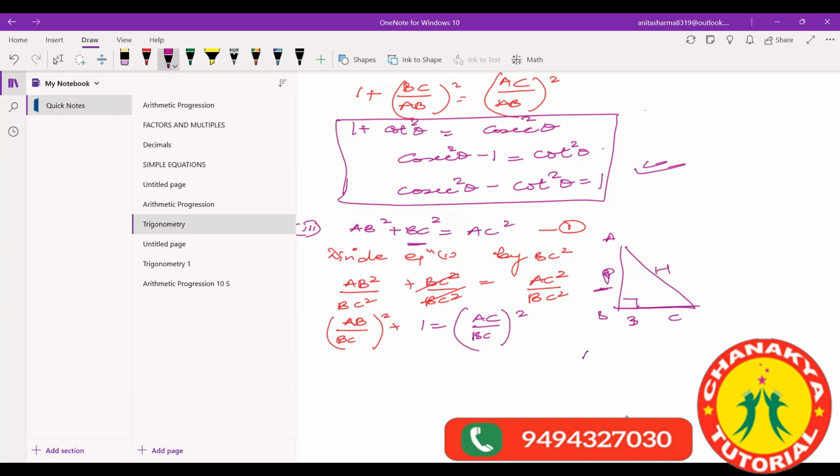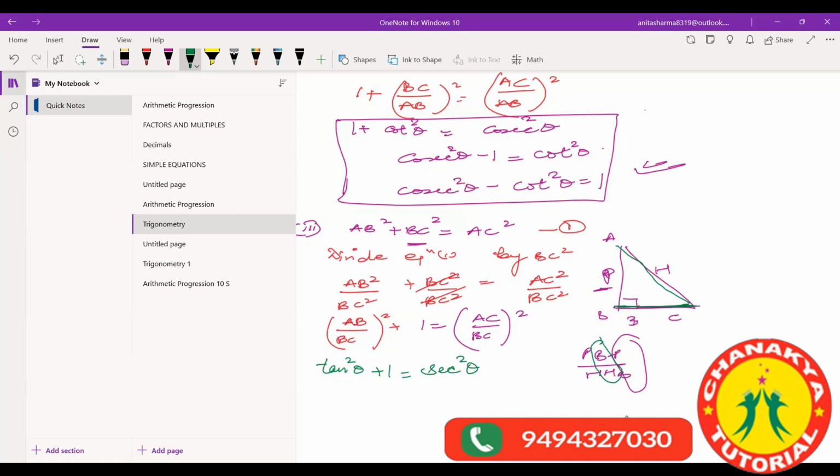So perpendicular upon base is, tell me, tan theta. Speak, children. Yes, ma'am. So it will be tan square theta, right? Plus 1. Now AC upon BC, it means reciprocal of this middle ratio. It will be secant theta. So you will write sec square.